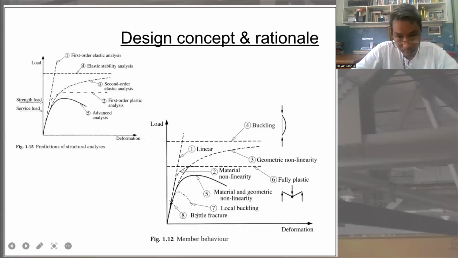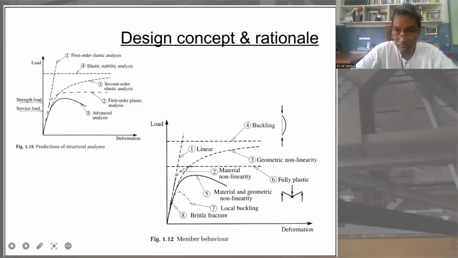So member behavior, meaning the steel members. Again we have the load and deformation diagram, how this member behaves. So look, linear, number 1. Number 2 is material non-linearity.